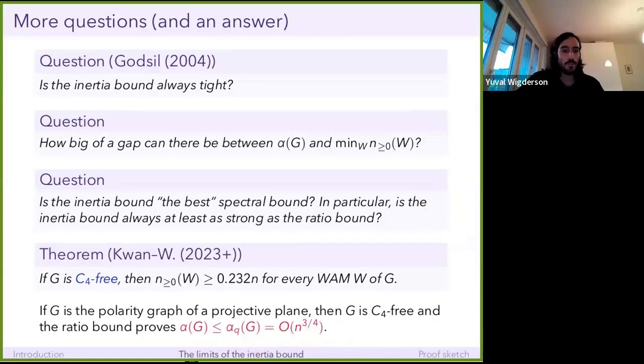So the ratio bound proves n^(3/4), whereas our theorem tells you that the inertia bound could never do better than a linear bound, just 23%. So for these graphs, you have a very large separation between the truth of n^(3/4) and the best possible inertia bound, which is at least 0.23n, and also a very large separation between the ratio bound and the inertia bound. The ratio bound in these cases is much better than the inertia bound.